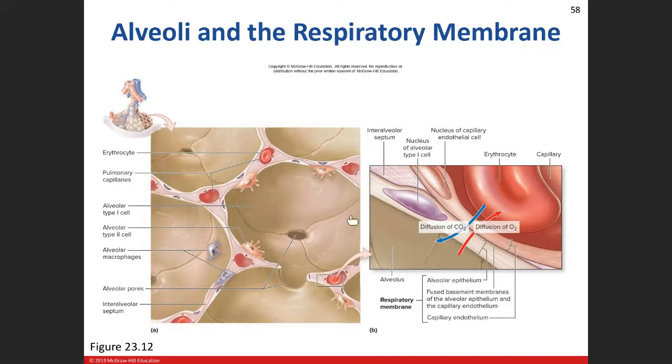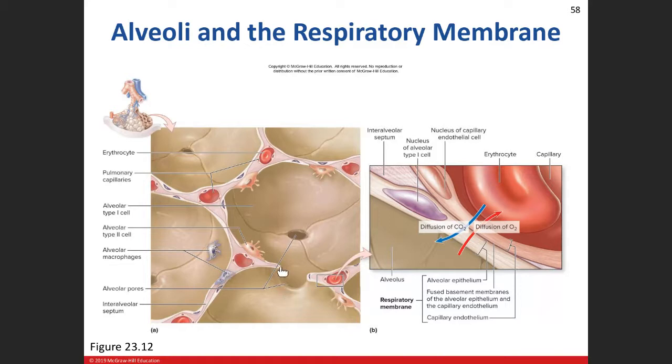So you can kind of see here's our alveoli, and we have your alveolar cells here, your type 1s. Then throughout here, you can see we have our type 2, and these are producing the surfactant. And every once in a while, we'll have one of our macrophages just floating around.